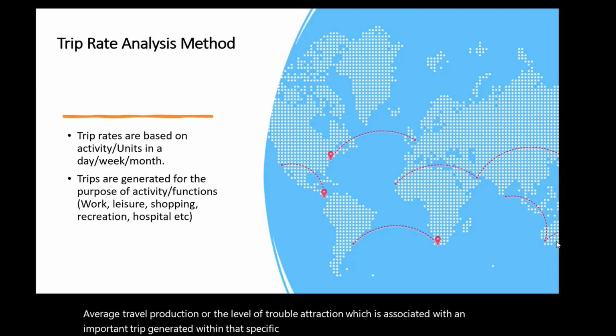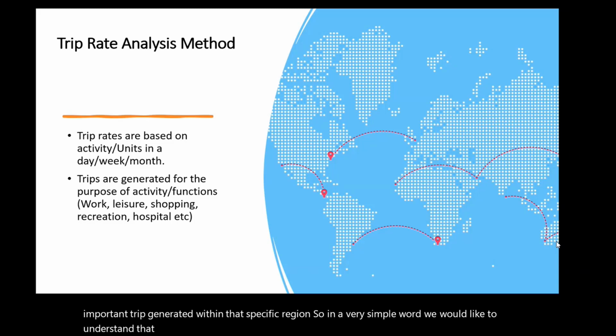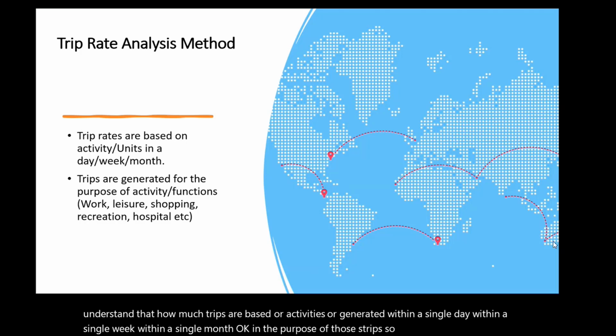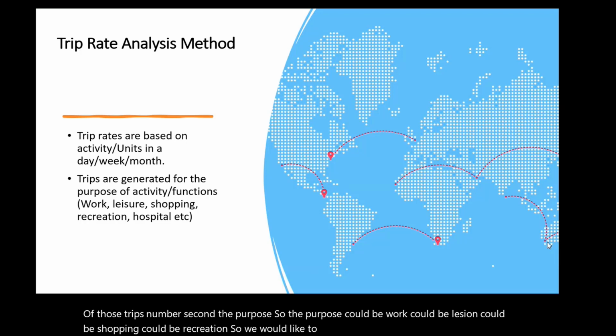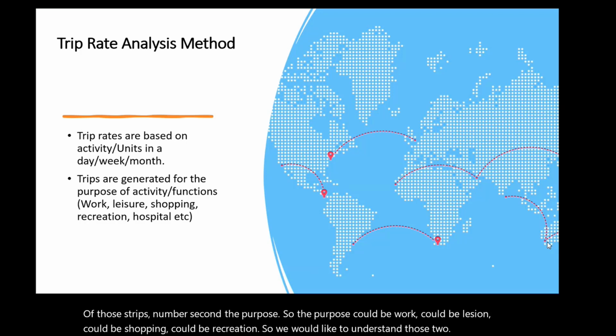In very simple words, we would like to understand how many trips or activities are generated within a single day, a single week, a single month. Number one, the frequency of those trips. Number two, the purpose, which could be work, leisure, shopping, or recreation. So we would like to understand those two things from the trip rate analysis method.